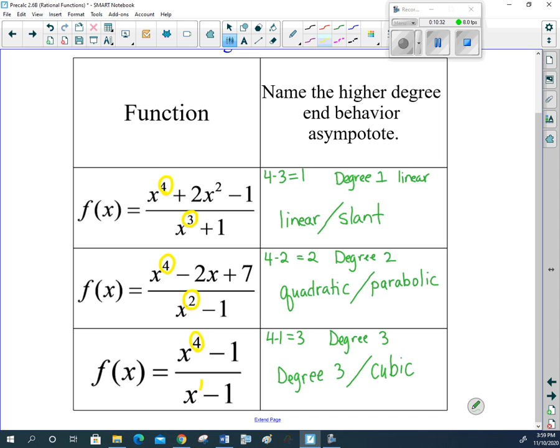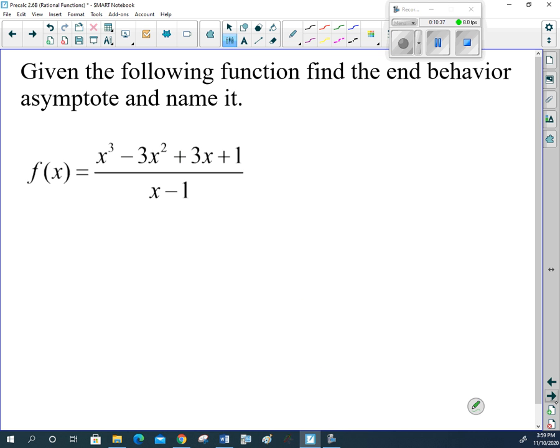higher degree asymptotes. And we kind of just call those all end behavior asymptotes because we're talking about the end behavior. Okay, so now we're going to have to figure out how to get that end behavior asymptote. Just not naming it, we got to figure out what is its equation actually. So when I look at this one right now, I can see that I have a degree 3 in the numerator and a degree 1 in the denominator.